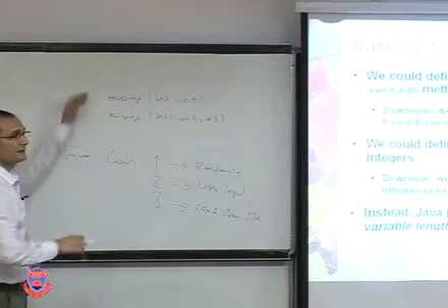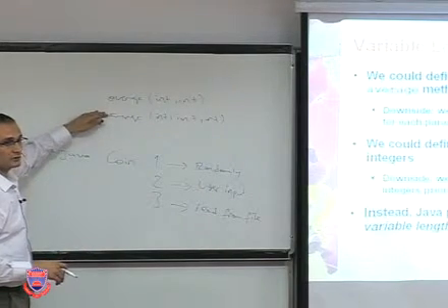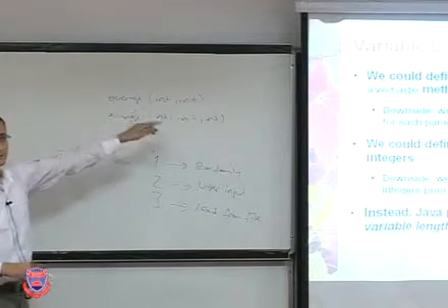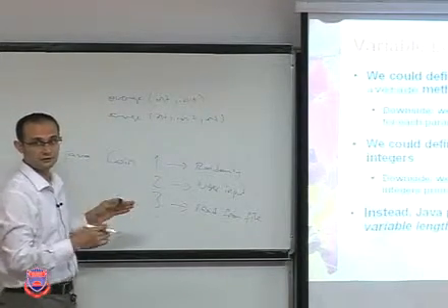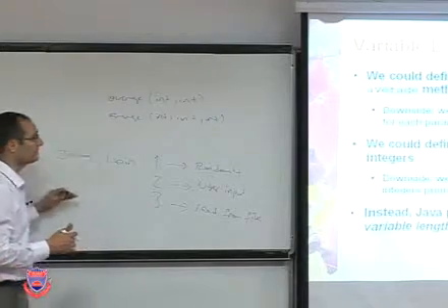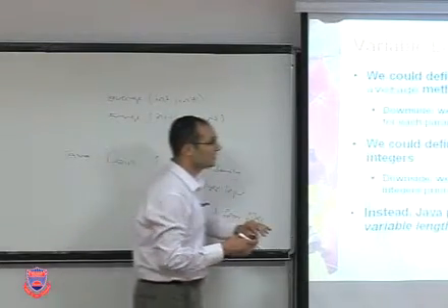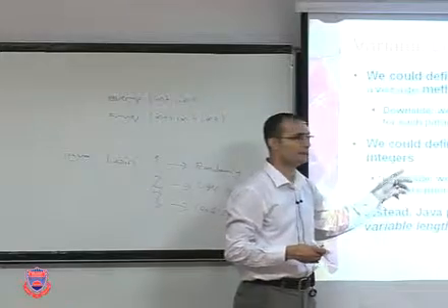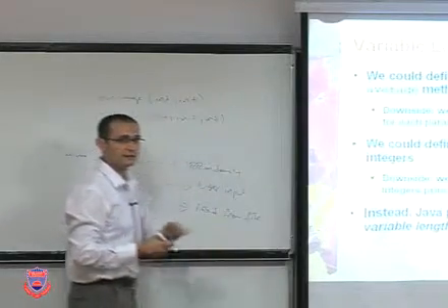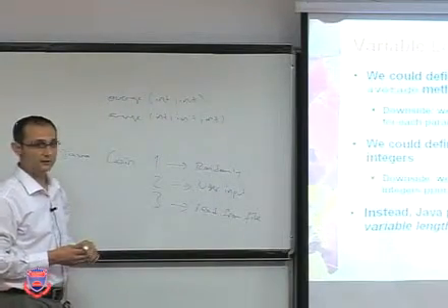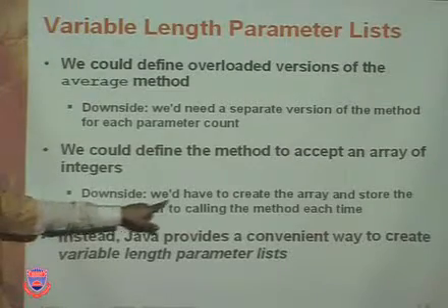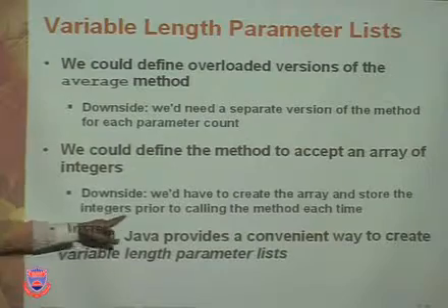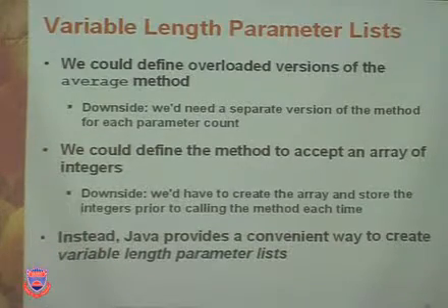So you need to have overloaded versions of the average method with various number of arguments. How much can you go further, right? You have to have all these different implementations, one after the other one. Or as an alternative, you could define an array that takes an integer array as an input and then uses that. However, in this case, you have to create the array and store the integers before calling the method.